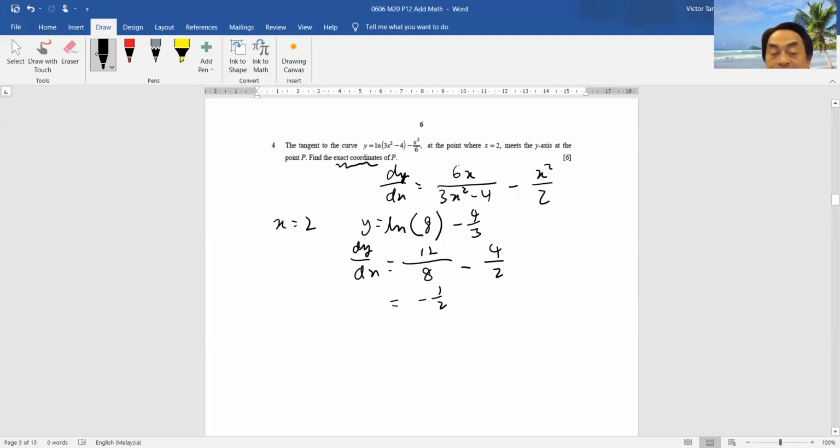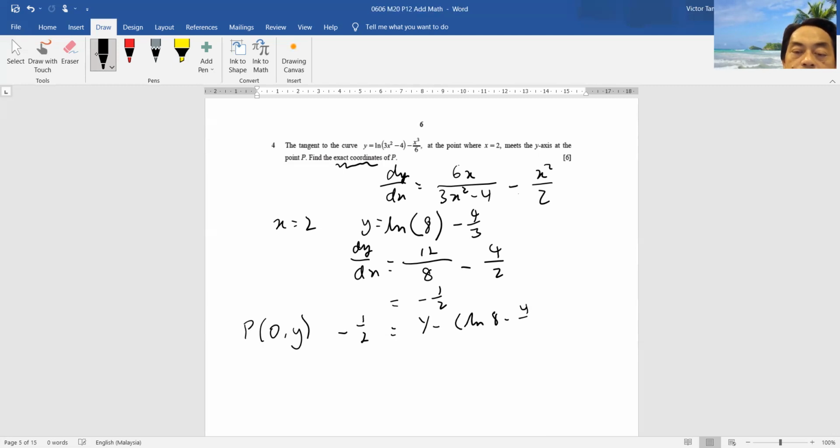So let's put the point P at the y-axis. So the x coordinate is 0. Let's put the y coordinate as y. Okay. So the gradient, minus a half, should be equal to (y minus (ln 8 minus 4 over 3)) over (0 minus 2).